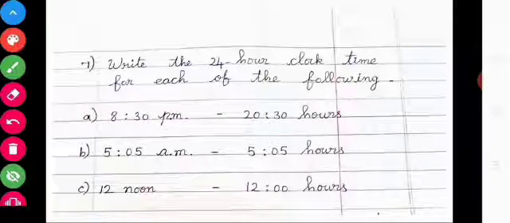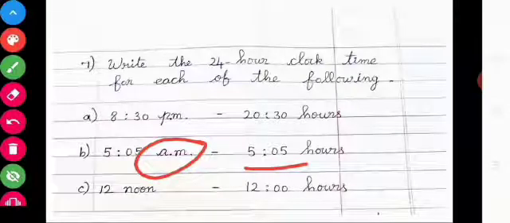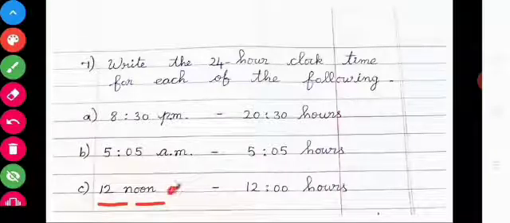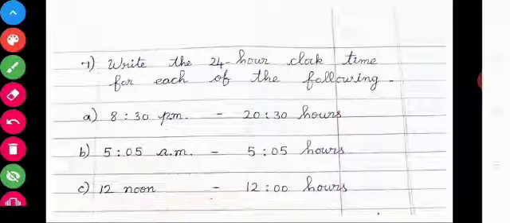And the next one, 5 hours 5 minutes in AM. AM, so write as such, 5 hours 5 minutes. And the next one, 12 noon. It is AM. So write as such, 12 hours.